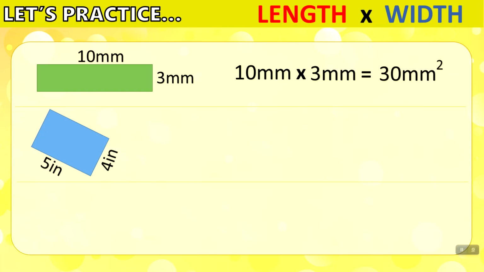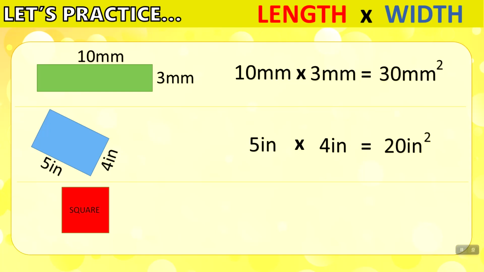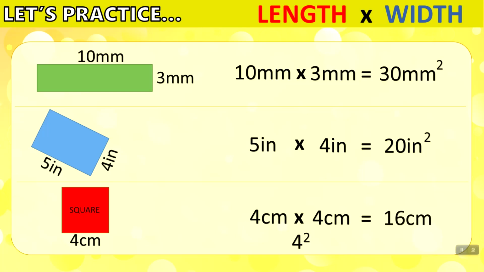So we use the formula 5 times 4 equals 20 inches squared. And the last one, here's a square. Each side is 4 centimeters. And so we can say 4 times 4 equals, or we can use side squared, which is 4 squared, which will give us the same answer, 16 centimeters squared.